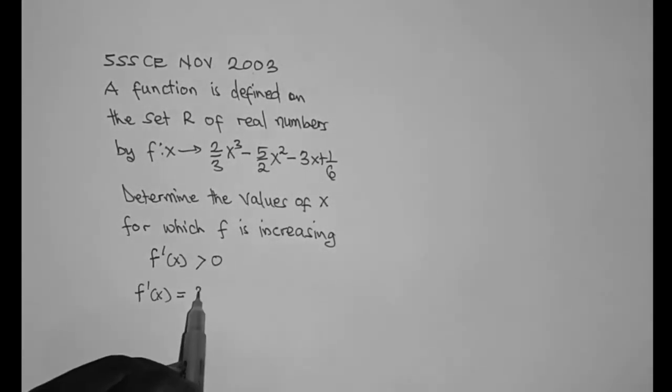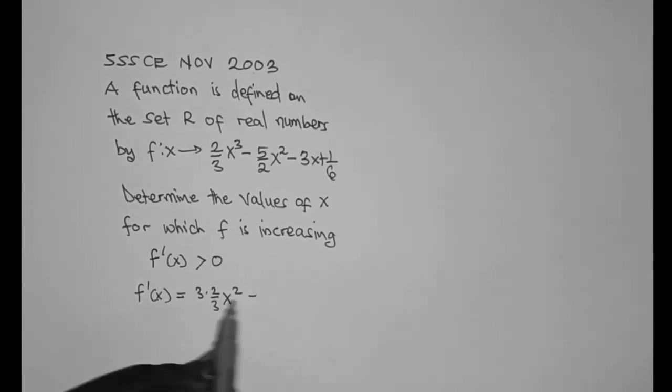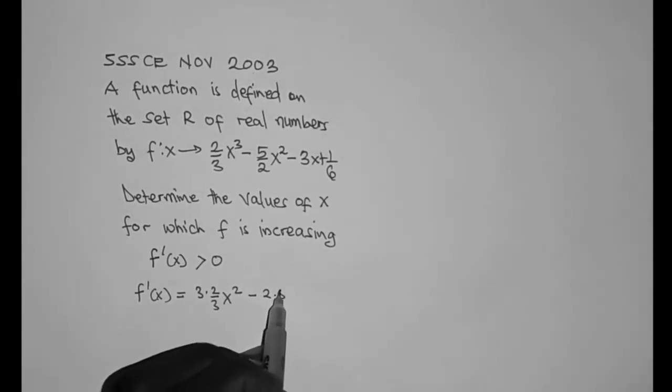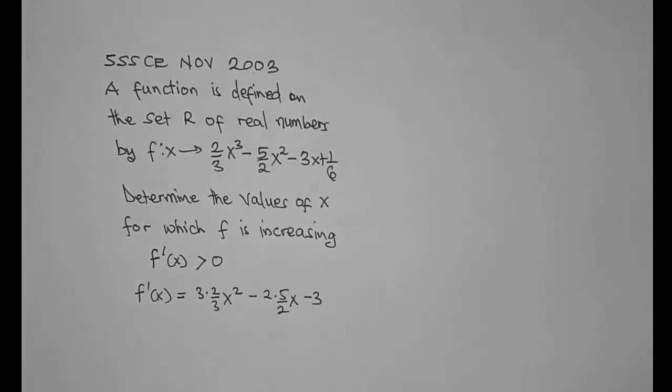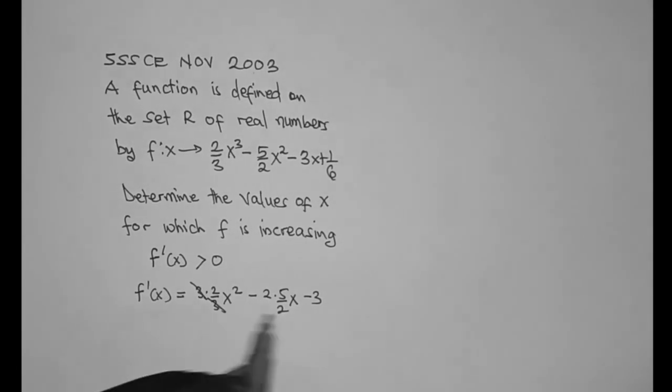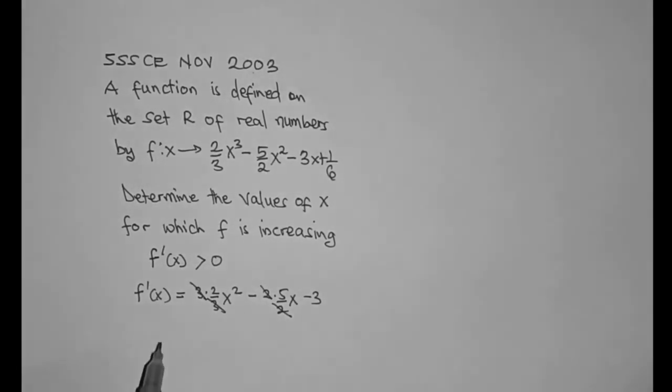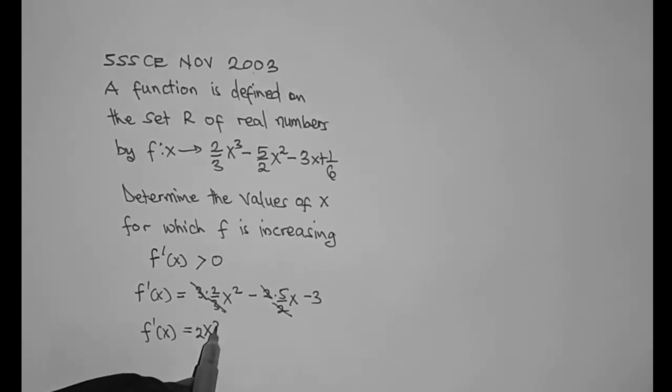So it will give us 3 times 2 over 3 x squared minus 2 times 5 over 2 x minus 3. So this 3 and this 3 can cancel out. These 2 and these 2 can cancel out. And therefore f prime of x is equal to 2x squared minus 5x minus 3.